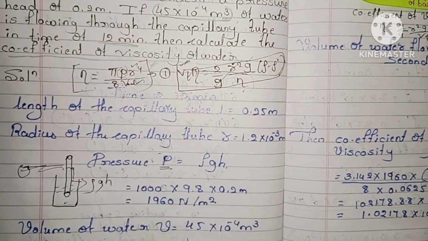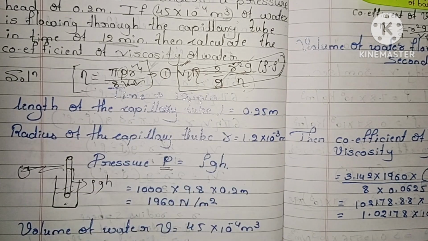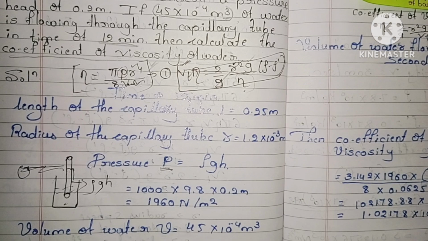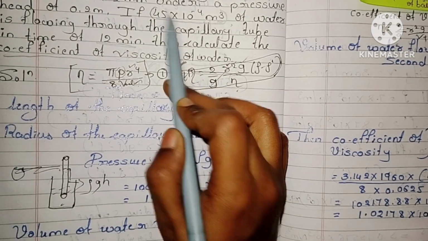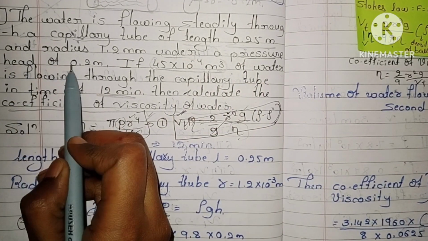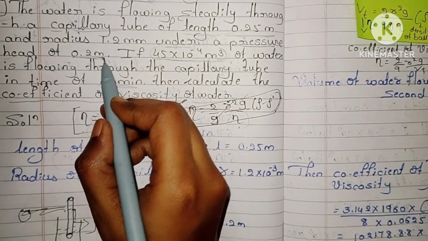Whatever the rise in the liquid, that height I am taking as h. They have given it here, under a pressure head of 0.2 meter, so that is your height.